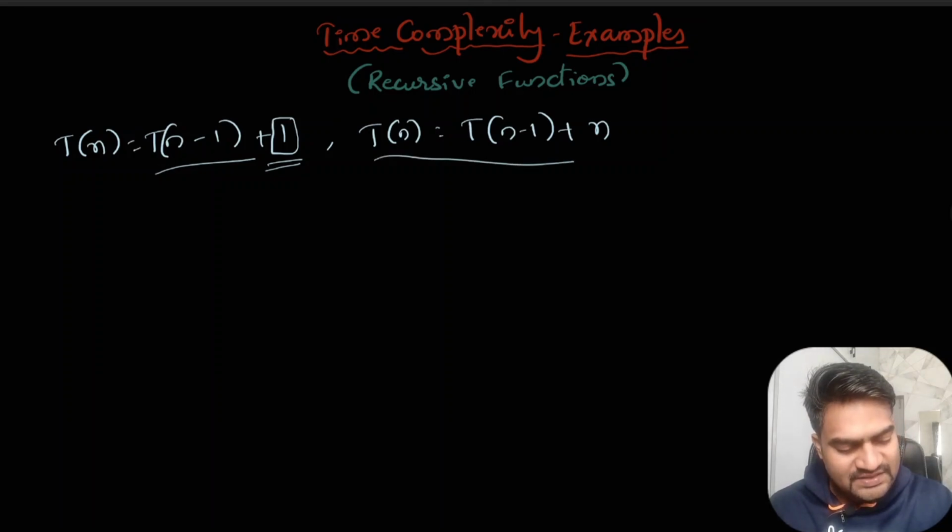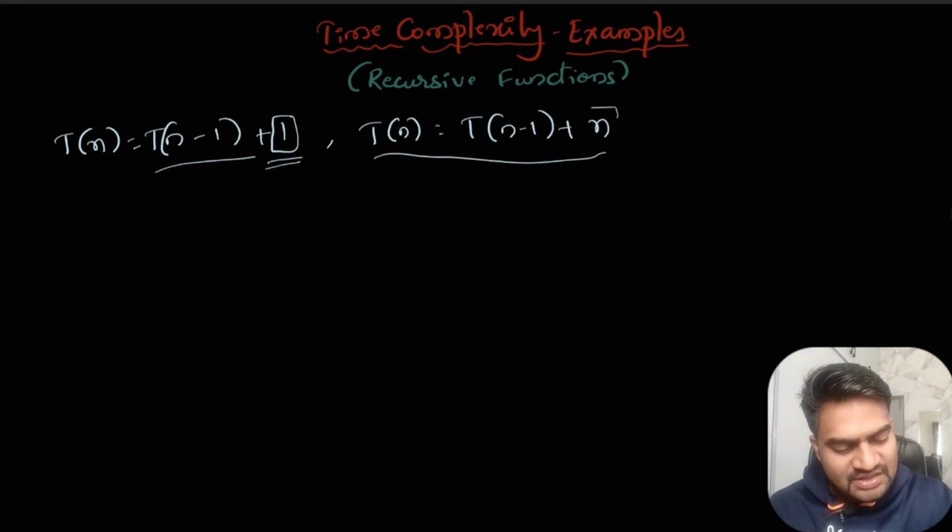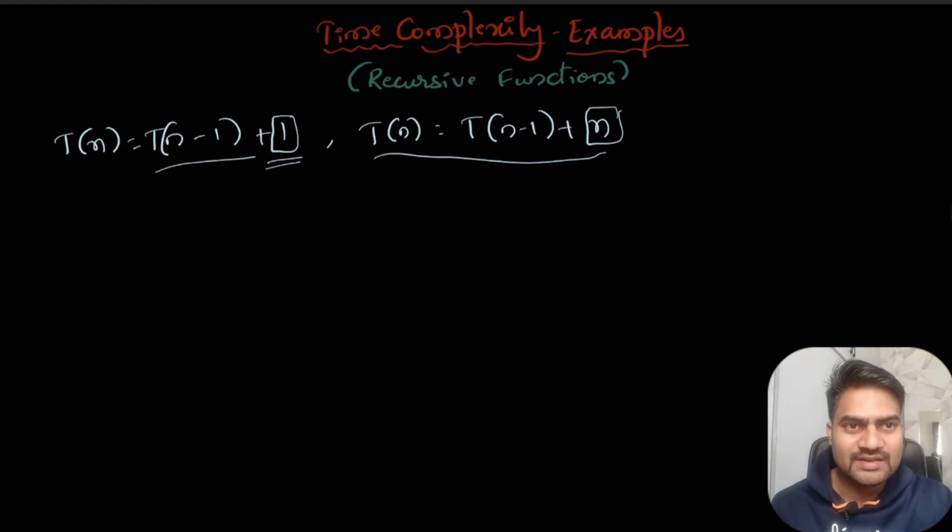And if we see this expression, at each iteration there is n amount of work that is happening, and the problem is getting reduced by 1, that is, it is going to be f of n minus 1. So now there is a little bit of change.